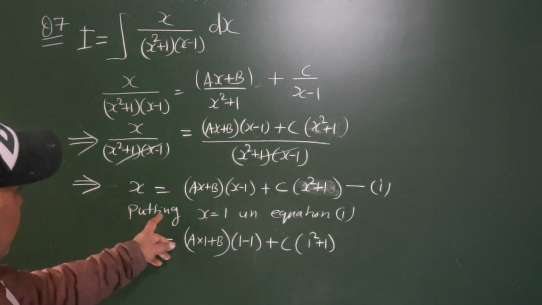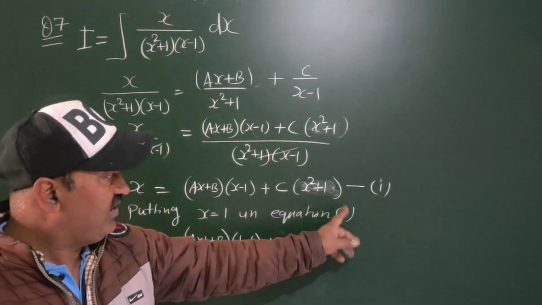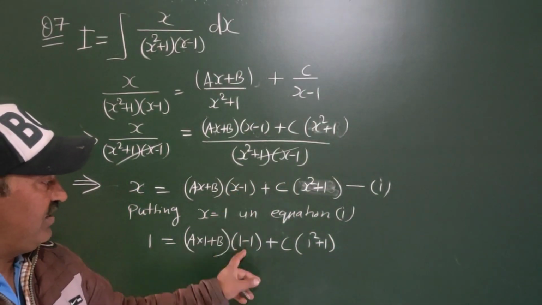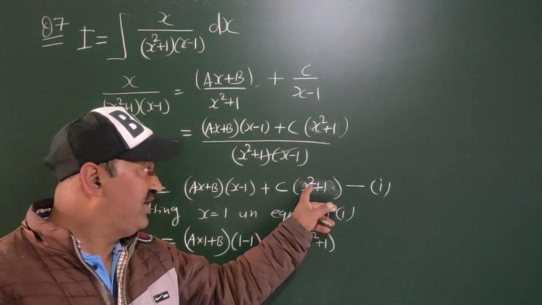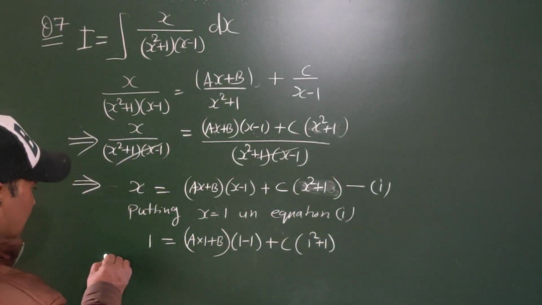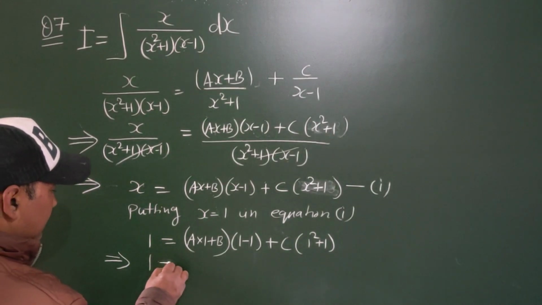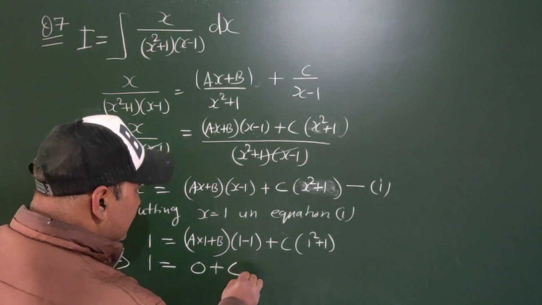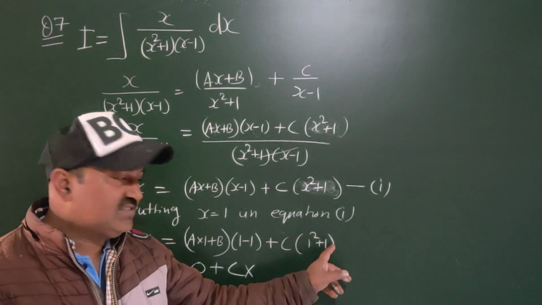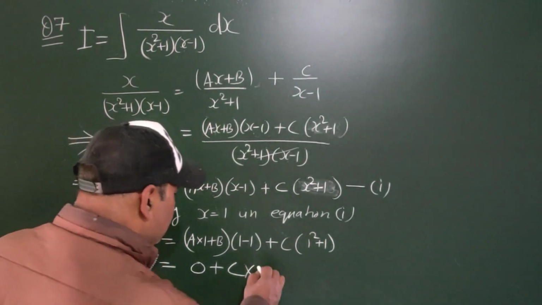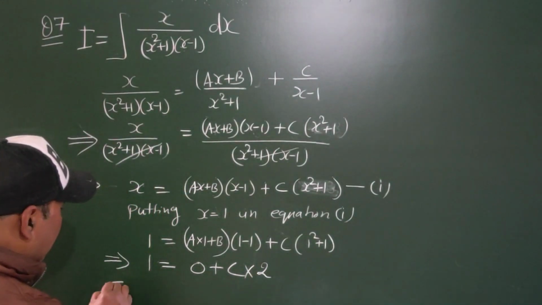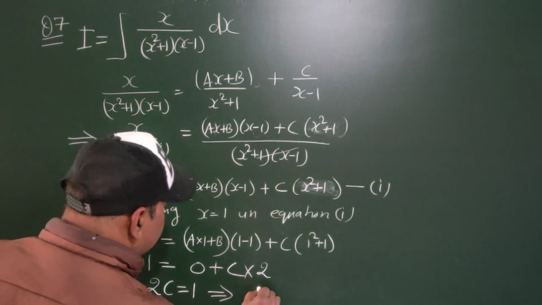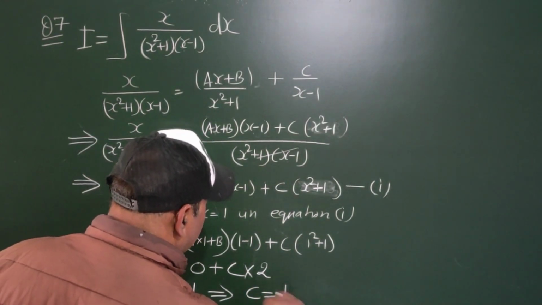So simply putting x equal to 1 in equation number 1, we get 1 is equal to (a·1 + b)(1 - 1) + c(1^2 + 1). That becomes 1 is equal to (a + b) into 0, that is 0, plus c into (1^2 + 1), that is 1 + 1, that is 2. This implies 2c is equal to 1. This implies the value of c is equal to half.